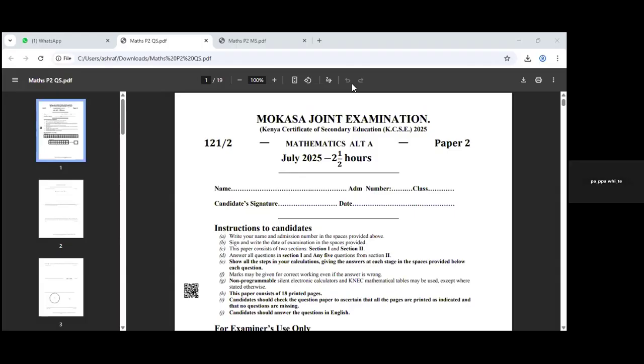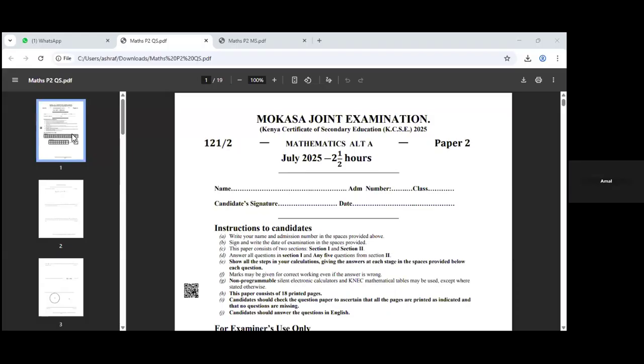Good morning. We are to discuss a certain paper that was shared. I believe you all have it. I don't think I have it. Okay, I've shared the paper on the screen. It's the mock paper. Yeah, so we're going to go through it.